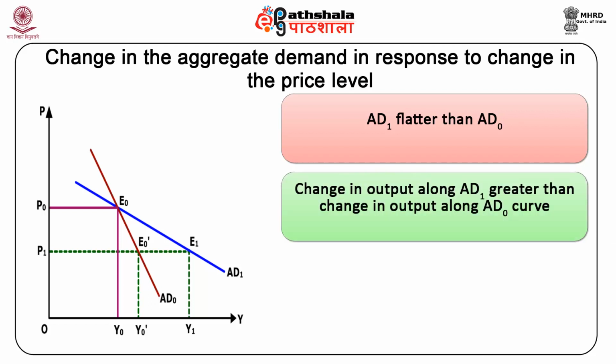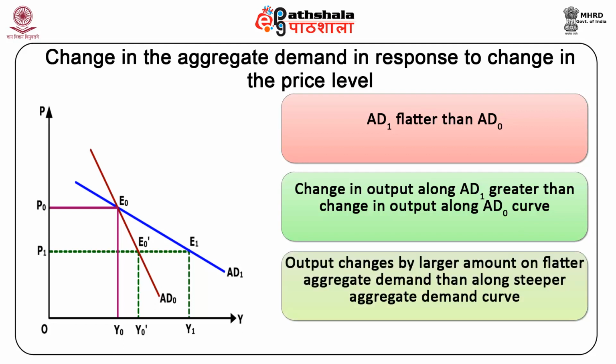Thus, the change in the output along AD1 is greater than the change in the output along the AD0 curve. Thus, for a given change in the price level, output changes by a large amount on the flatter aggregate demand curve than along the steeper aggregate demand curve.